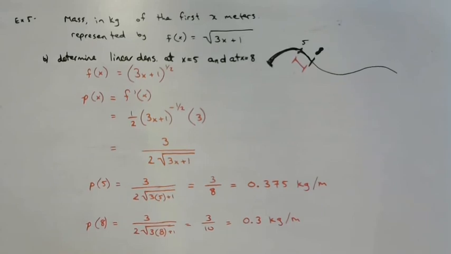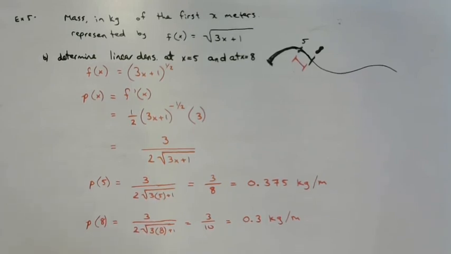And then just talking about it, the two densities are different, which means that the material that the wire is made of is not all one material. It's not all made of pure aluminum or pure silver or pure copper. It's non-homogeneous, and it's more dense at the 5-meter mark than it is at the 8-meter mark.